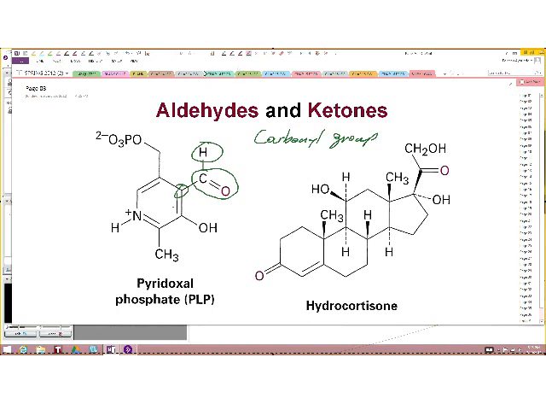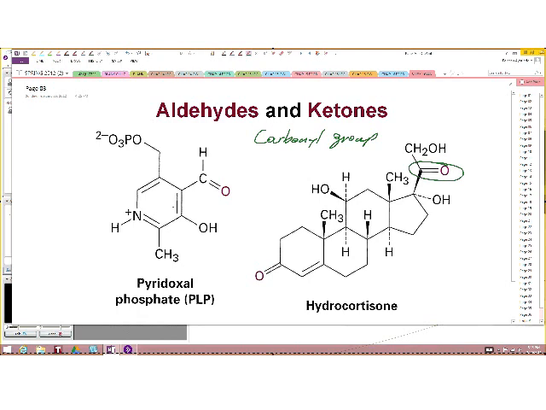Of course, as you can see in this molecule here, whether we call a molecule an aldehyde or any other class of compounds depends on our focus. In this particular instance, our focus is on the aldehyde functionality. So we say this is an aldehyde. In the case of a ketone, you can see here you have a carbonyl.